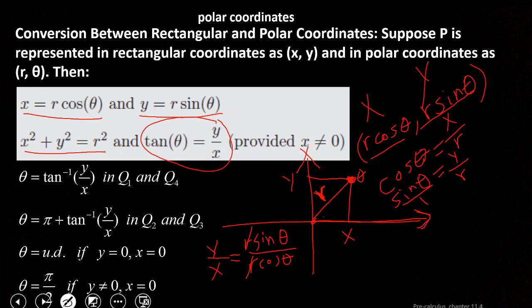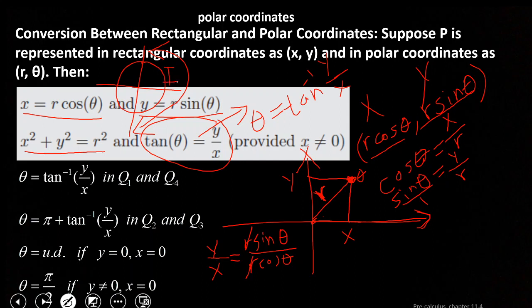The only problem is that when we want to find theta, we have to take the tan inverse of both sides, which gives tan inverse of y over x. But remember, tan inverse is defined from negative pi over 2 to pi over 2, which is quadrant 1 and quadrant 4, not 3.